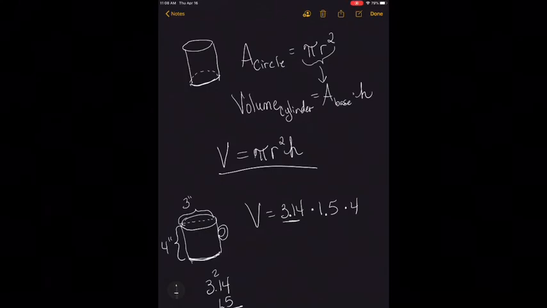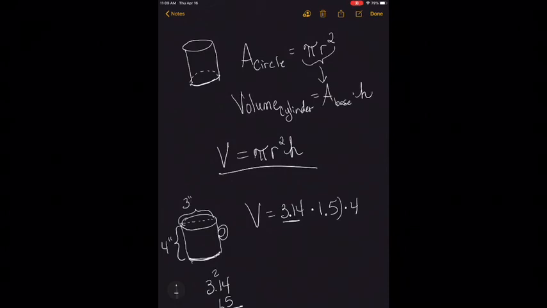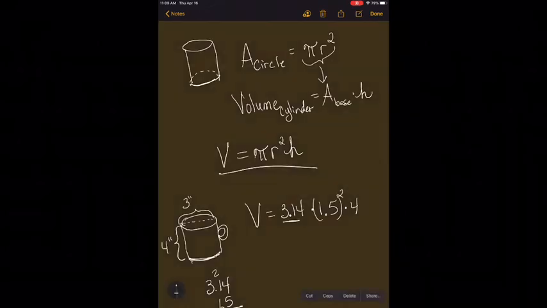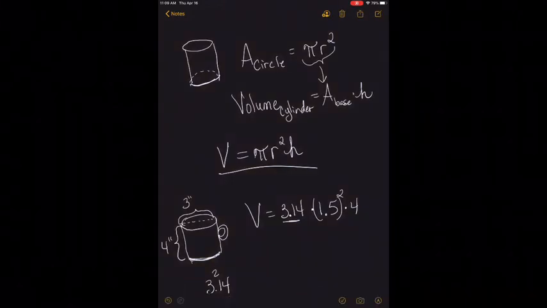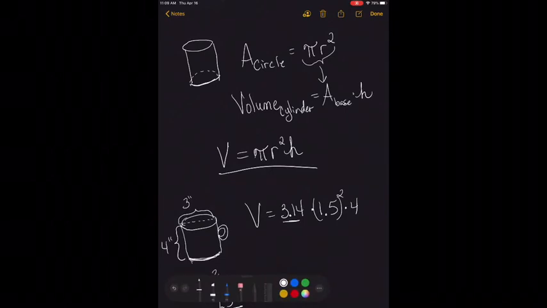Volume equals pi times radius squared times height. All right, so pi is 3.14. Radius is, well, we know that the diameter of my cup is 3 inches, so half of that is the radius, which is 1.5, which we have to square, times the height, which is 4.